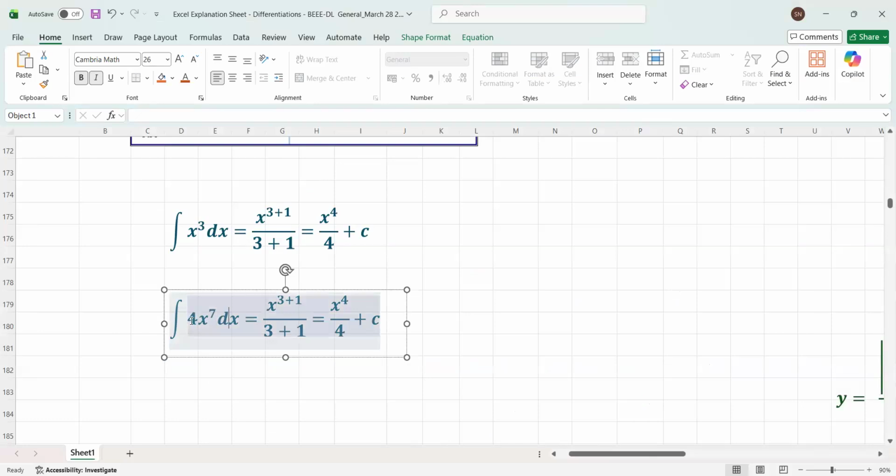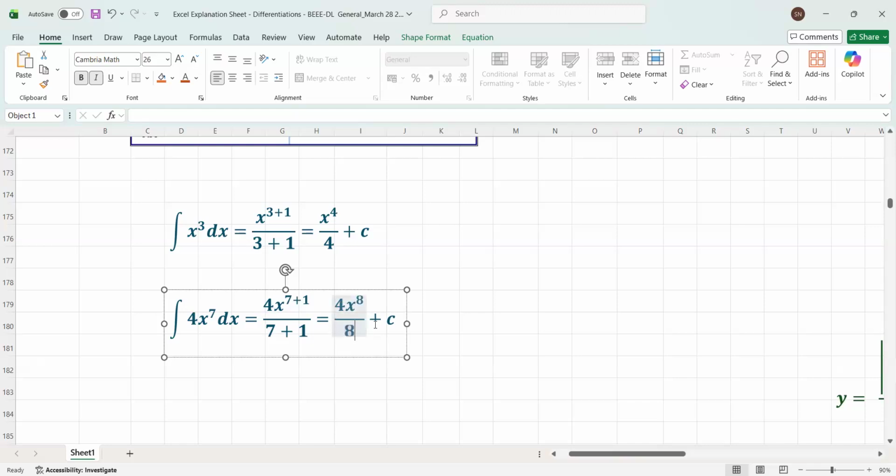When we integrate that, remember 4 is a constant, so the numerator gives you 4x, then you have 7 plus 1, all divided by 7 plus 1. So the numerator will give you 4x raised to the power 8, all divided by 8.